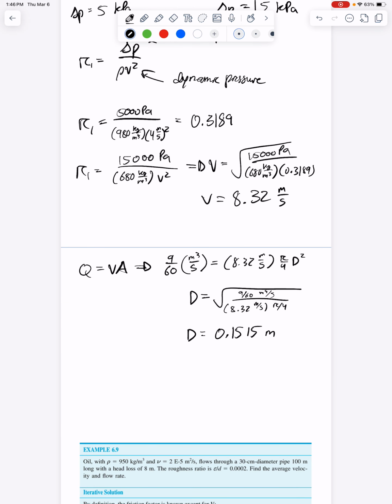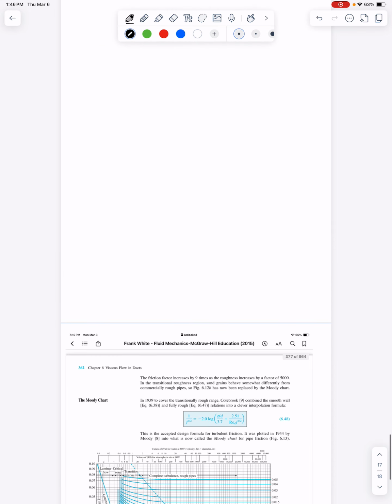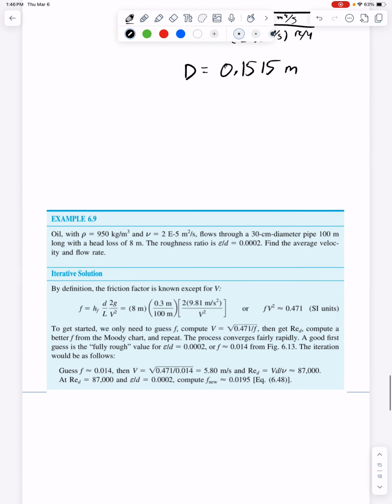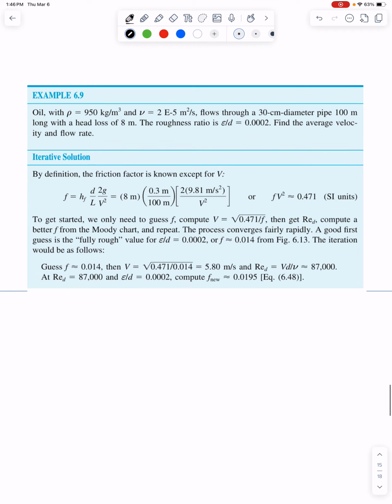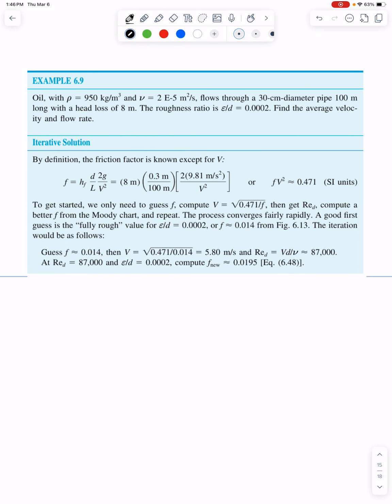All right, if not, last problem. This problem is based on the Moody flow chart. So let's read this problem statement and also write down our givens as we go along. Oil, so this case is about oil, with a density of 450 kilograms per cubic meter and a kinematic viscosity, which is viscosity divided by density, of 2 times 10 to the power of negative 5 meters squared per second.